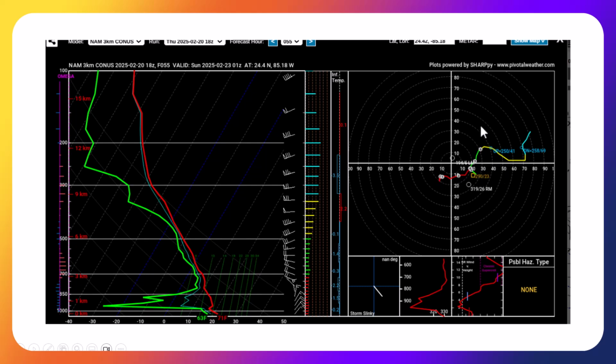But usually in a supercell, this line would be kind of like a fish hook, kind of like that maybe. This is what it looks like. I want to get you familiar with it, but it's very important to use when looking at severe weather.